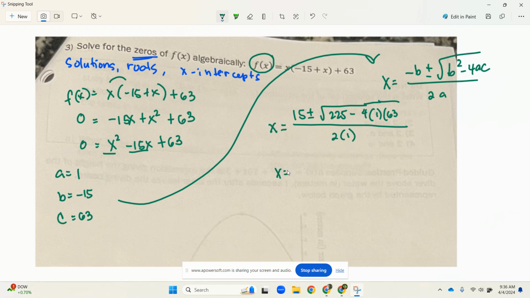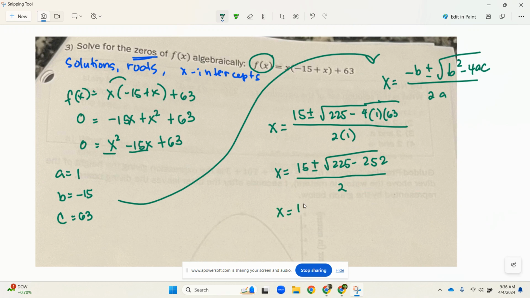So x equals 15 plus or minus the square root of 225 minus 63 times 4. That's 240 plus 12, which is 252. Okay, all over 2.